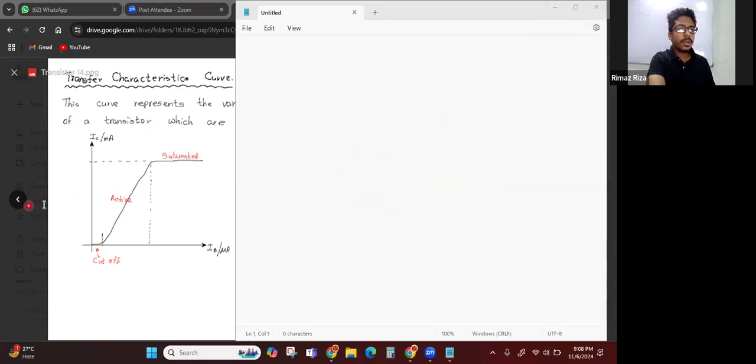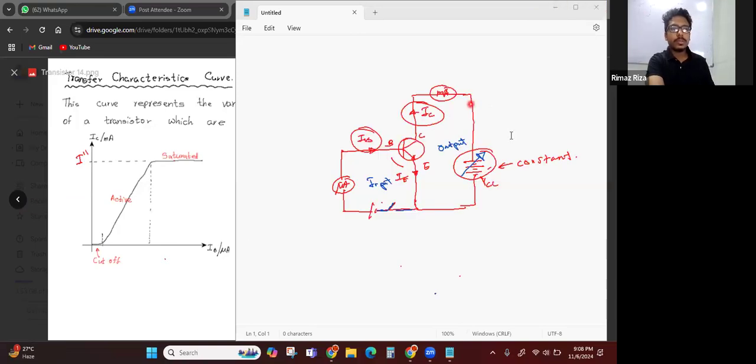I think it's better if you draw the circuit next to the curve, so that it will be easy for you to illustrate. With this, you get some idea, right? So please draw the circuit.